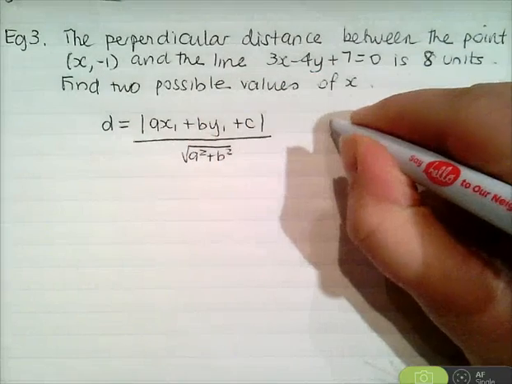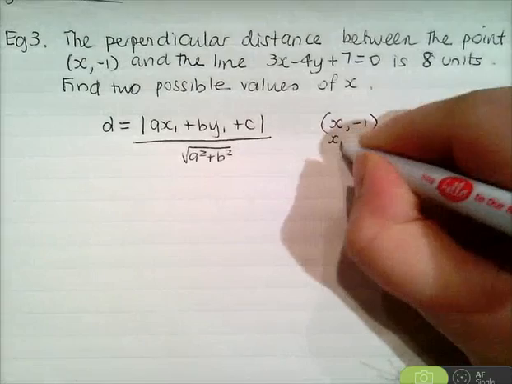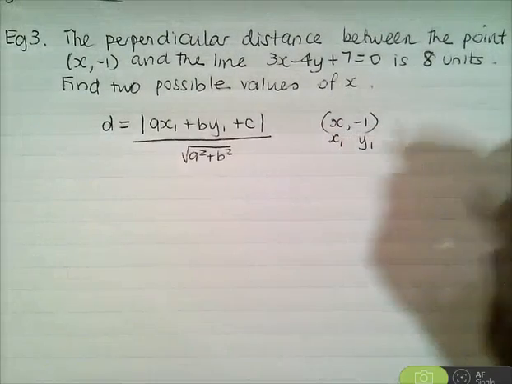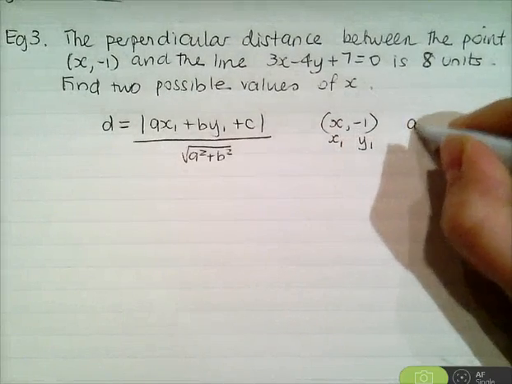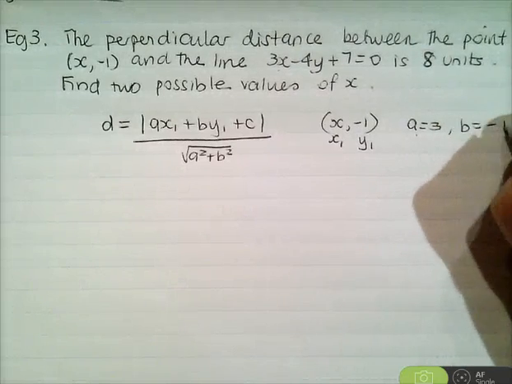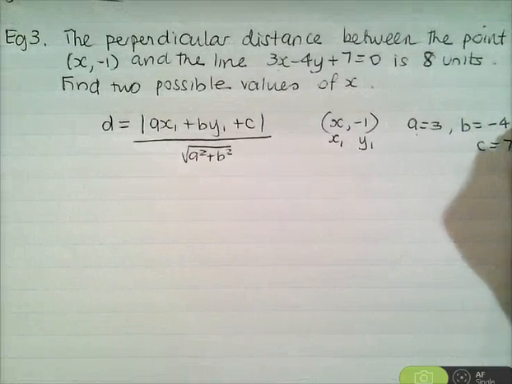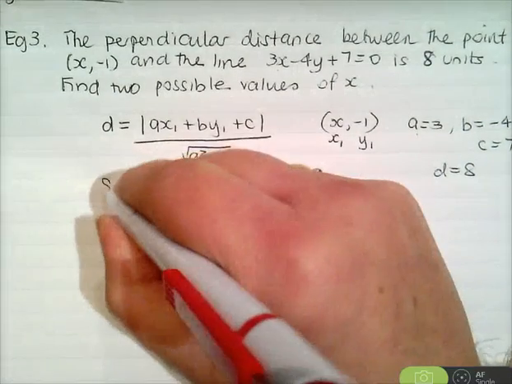I'm just going to write down what I've got here. My point, x1 is x and y1 is -1, and we know that a is 3 from this equation, that b is -4, and you can see that c here is 7. Okay, and we know that the distance is 8. So substituting this all in, we've got the distance is 8.